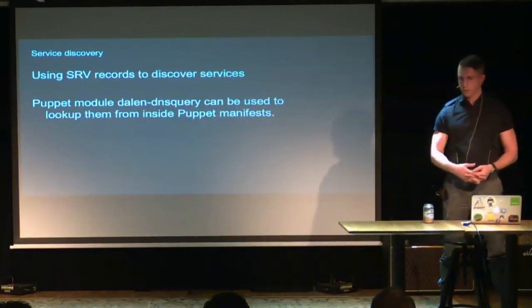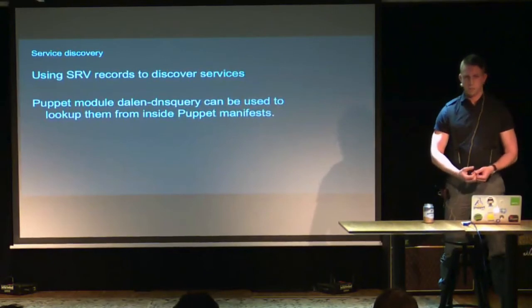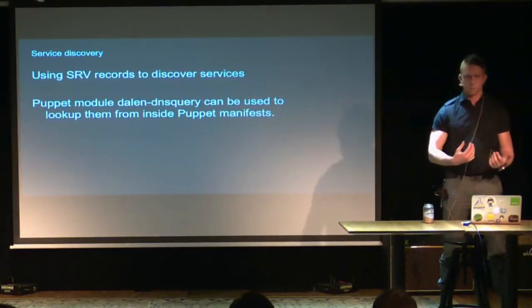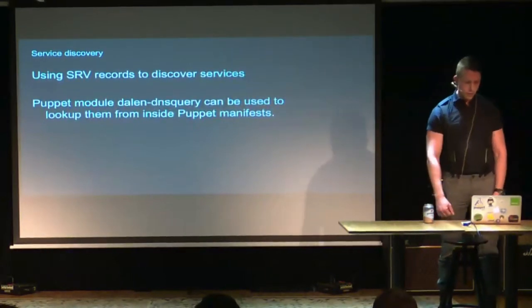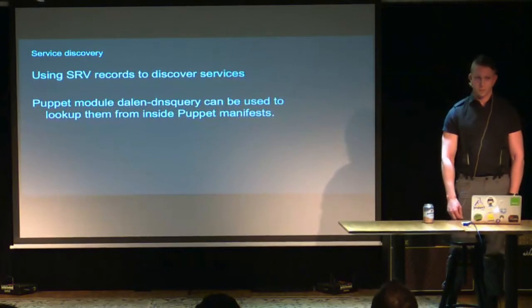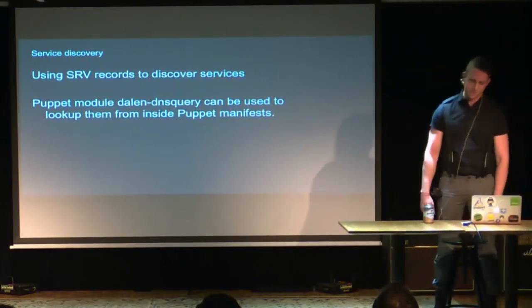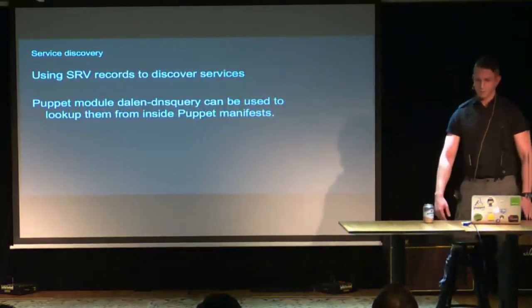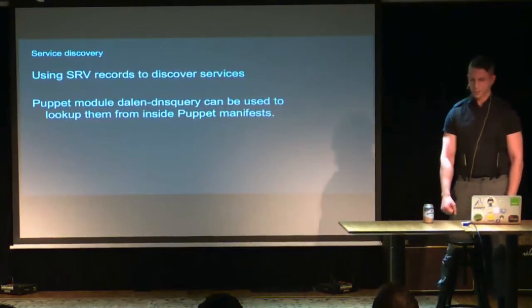So all the backend services use SRV records to discover the other backend services that they need to talk to. We're planning to also use SRV records for Puppet, but there were some bugs in that, but they're fixed in 3.1.